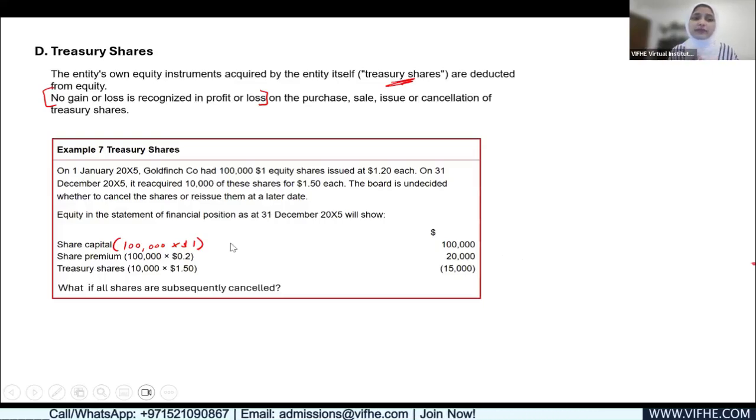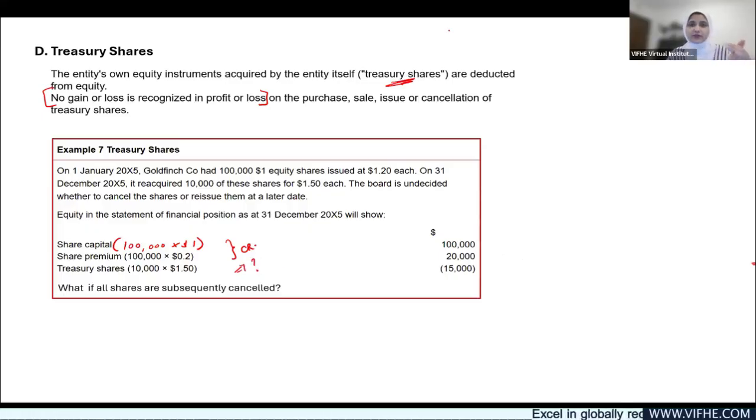Instead of directly reducing share capital and share premium, what you do is park it in another account called treasury shares. If share capital and share premium are credit in nature, then what would the nature of the account I'm making to cancel shares from the equity accounts be? Debit. So these treasury shares are debit in nature because they're made to cancel the share capital and share premium.